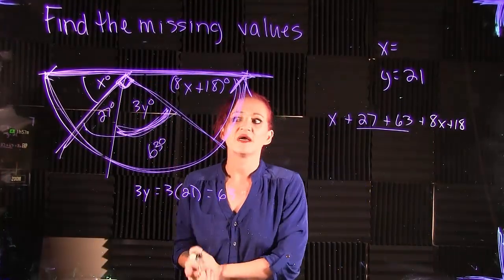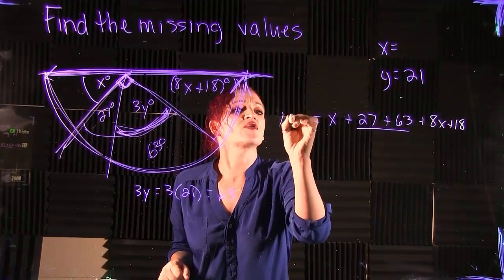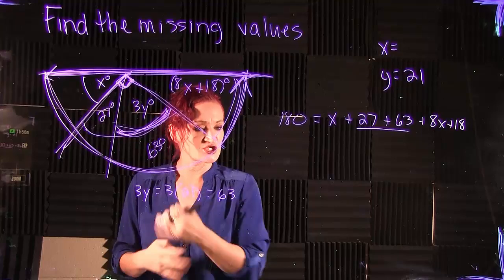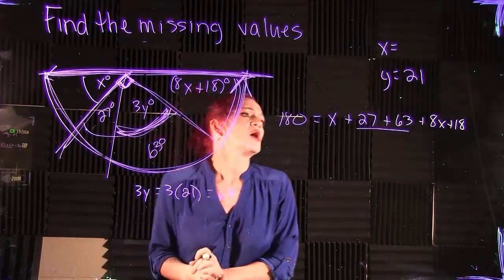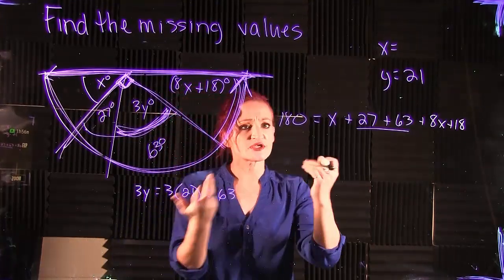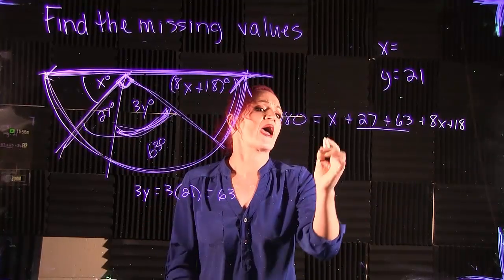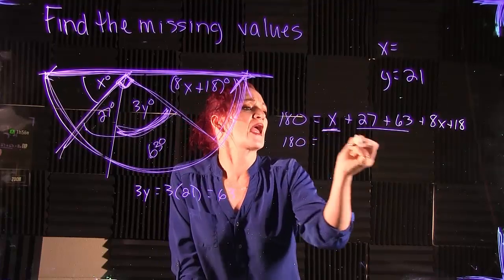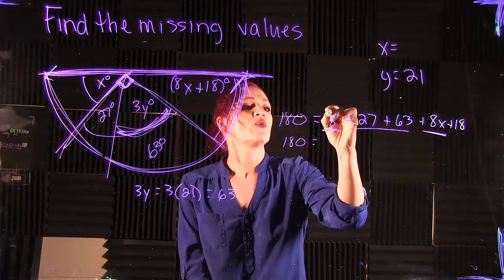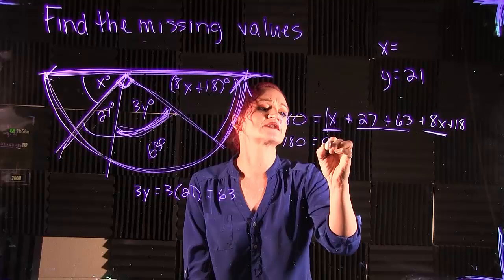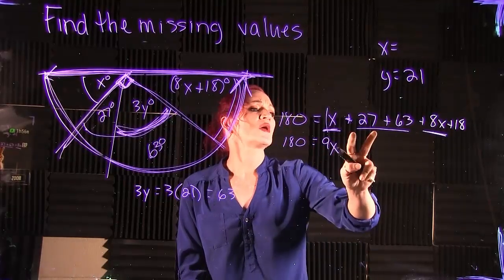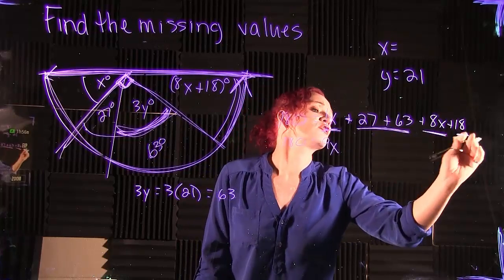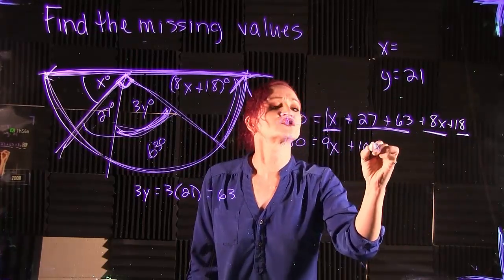We know that all 4 of these should add up to 180 degrees, just by the definition of a straight angle. Let's clean up the right-hand side a little bit. Let's take that x plus 8x. 1x plus 8x is 9x. 27 plus 63 is 90. And then that 90 plus this 18 gives us 108.